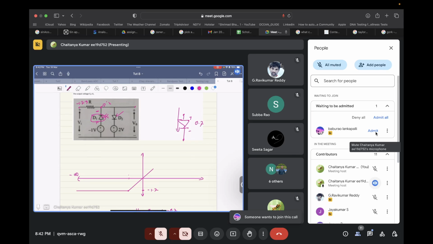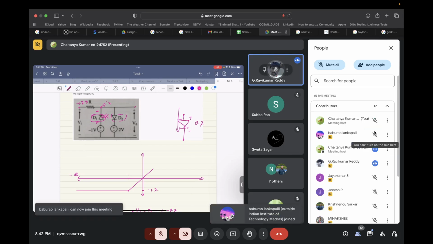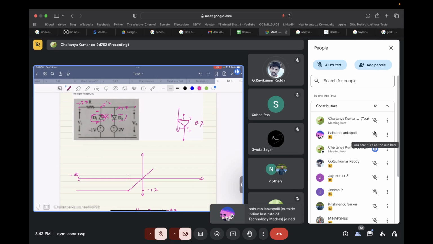Till what voltage will we have a straight line? Up to 2 volts. Are you sure? 1.3 volt. So when will this diode start conducting? When the anode voltage is 2.7. Basically, the voltage across this diode D2 should be equal to 0.7, right?